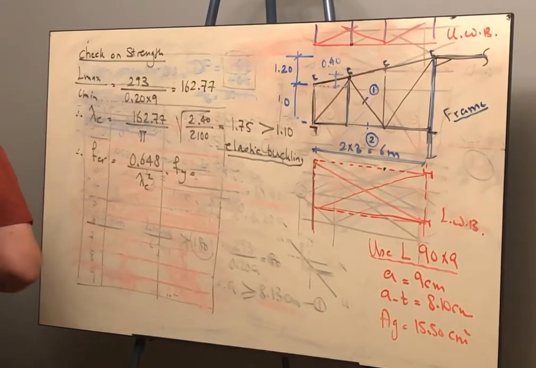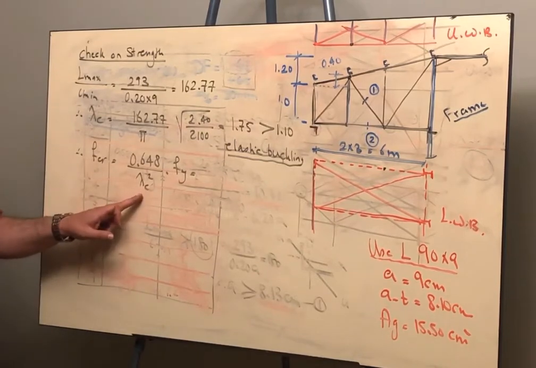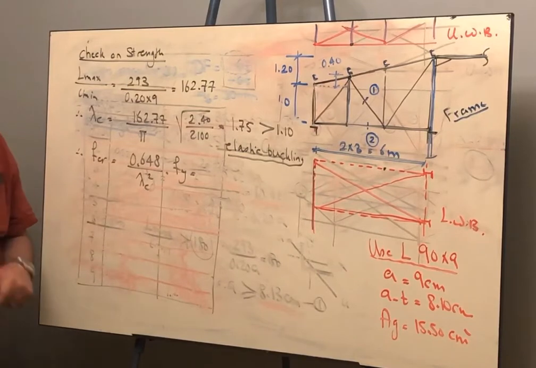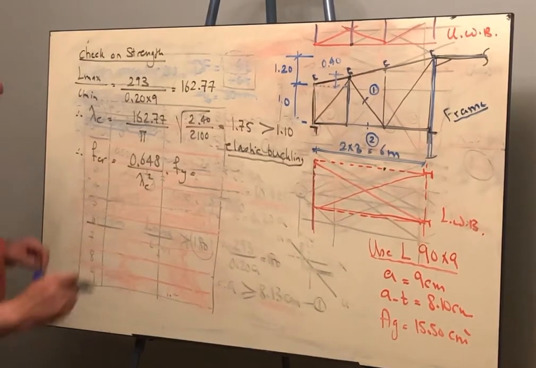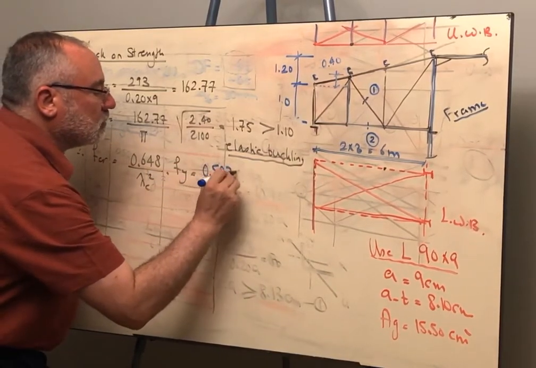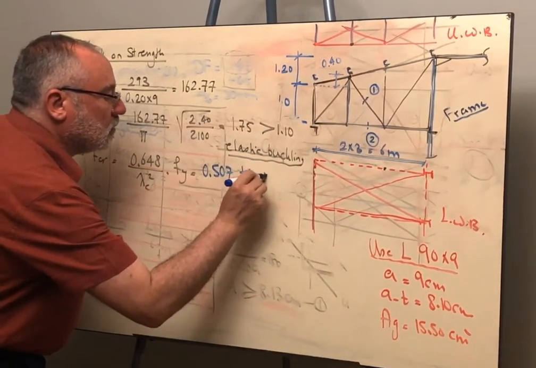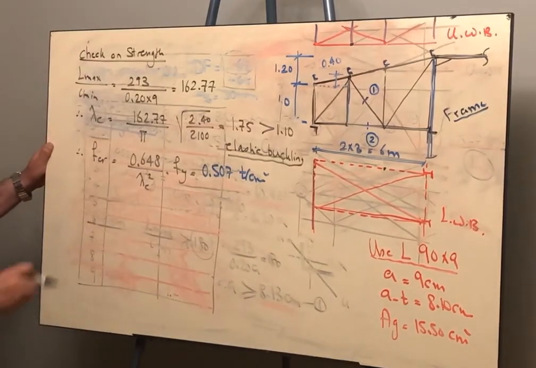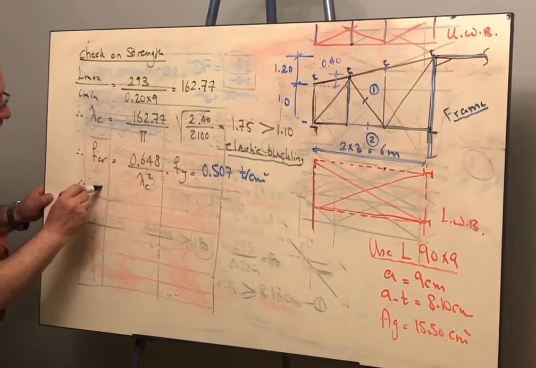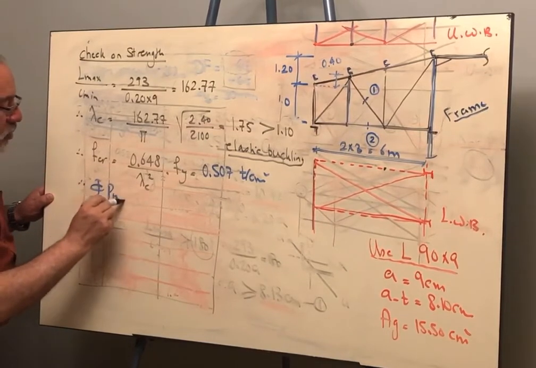If you substitute in the equation, the value of lambda c is 1.75 and F yield is 2.4, we get here the critical stress, and it will be 0.507 ton per centimeter square. Therefore, we get the capacity of the angle phi P nominal.